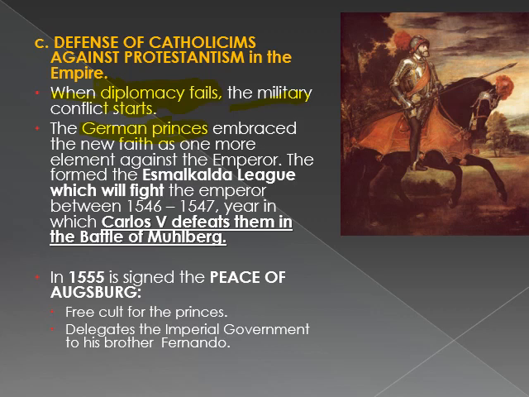They all became allied in what was known as the Smalkaldic League, La Liga Smalkalda. It's an alliance formed by all the princes, all the nobility inside the Holy Roman Empire that wanted to fight against Charles V. They were united under Protestantism as a new objective.